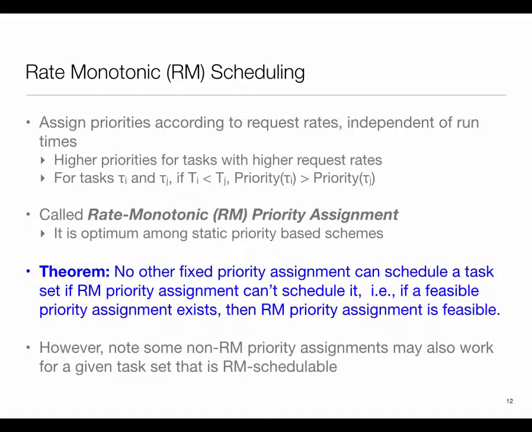So if I give you a task set with the appropriate characteristics, T equal to D, and I give you the C's, and you have to find the priorities without knowing whether it's schedulable, the first thing you do is give the priorities in a rate monotonic way and check. We haven't talked about how to check yet. And if the system is not schedulable, then nothing else can schedule it.